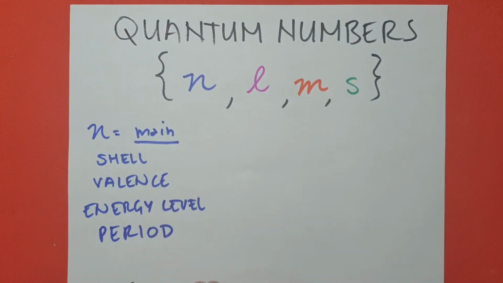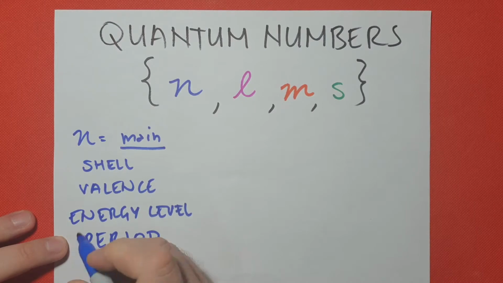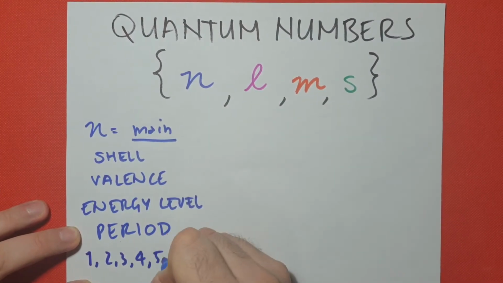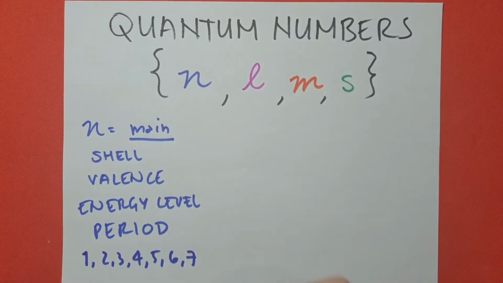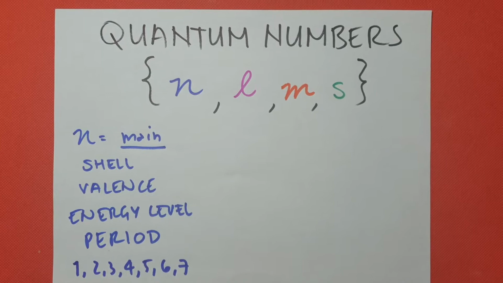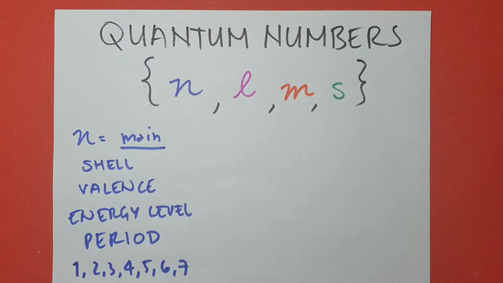So having said this, the possible values for main quantum number are integer values 1, 2, 3, 4, 5, 6, and 7, which up to today are basically the known periods in the periodic table. So remember, periods are those horizontal rows in the periodic table.